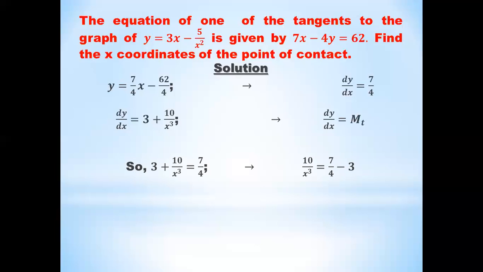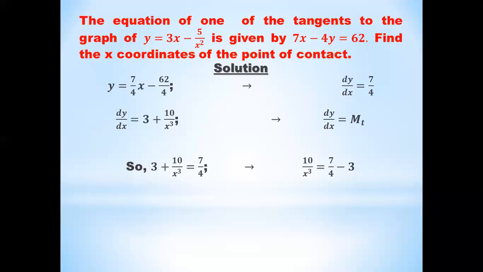Now, we have the gradient of the tangent. So what must we do? There are two gradients of the tangent here. 3 plus 10 over x cubed is the gradient of the tangent in an algebraic form, or in terms of x. Then we also have 7 over 4, which is the numerical gradient. So both of them are called gradients. Therefore, you equate them.